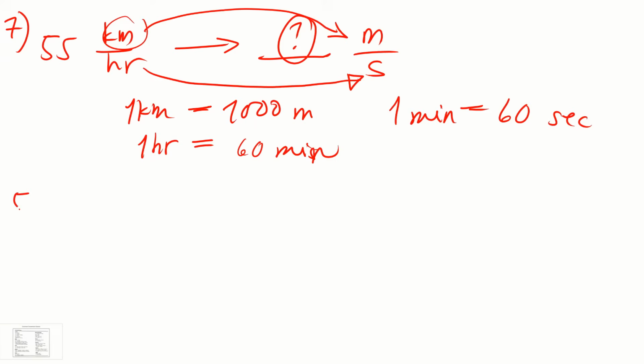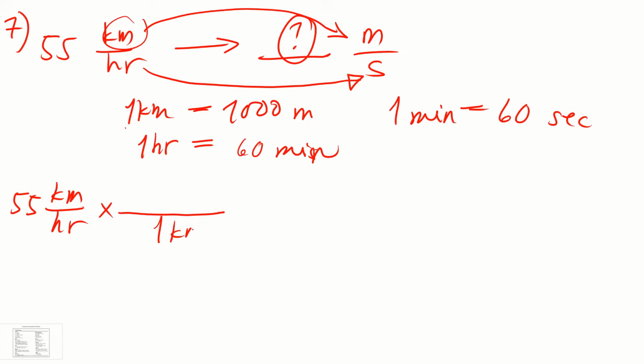So step 1, write down our original value with its corresponding unit, kilometer per hour, times. So alin dito yung gusto mong unahin? So unahin muna natin si kilometers. Kasi kilometers, since nasa numerator siya, ilalagay natin siya sa denominator doon sa unit equivalence natin.